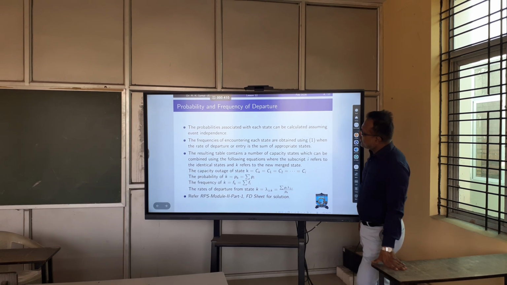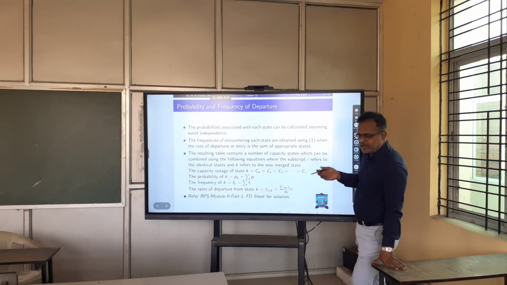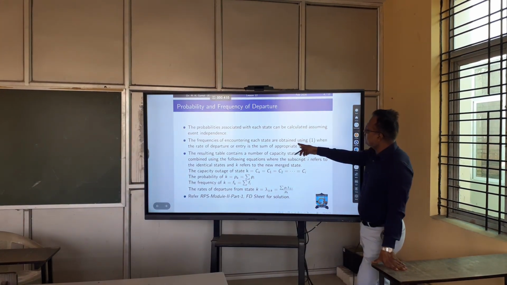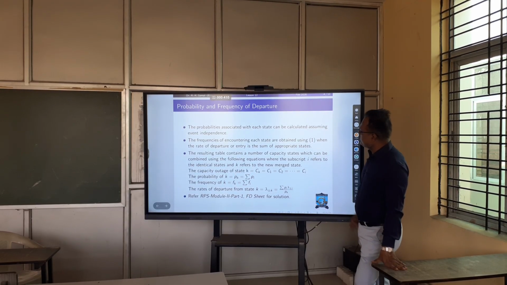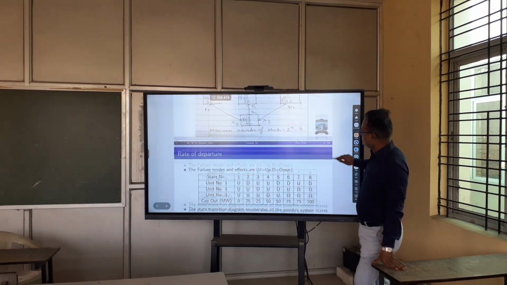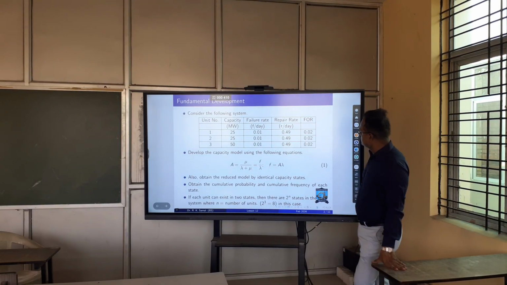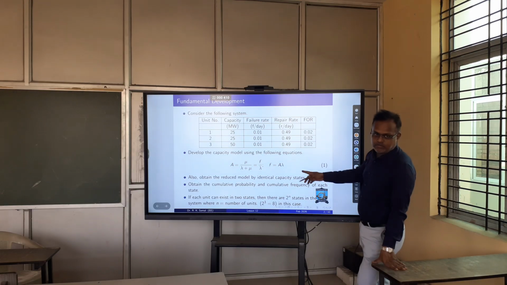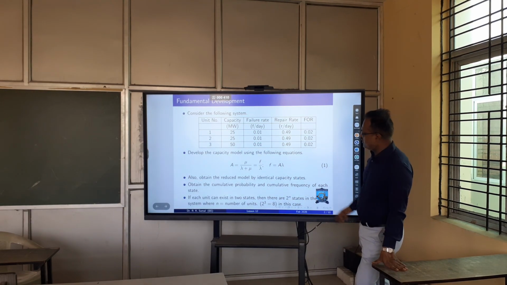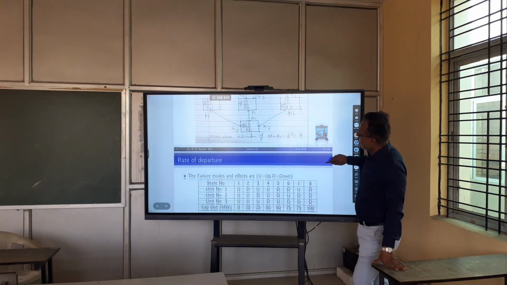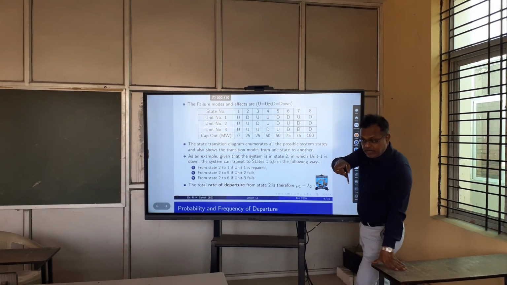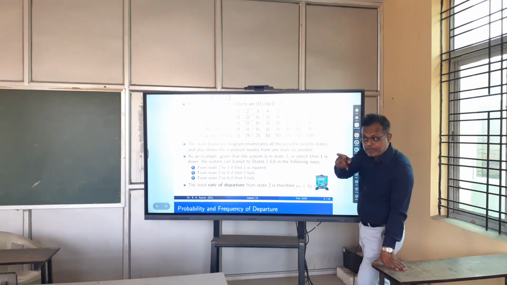The probability associated with each state can be calculated as the event dependence, that is 0.98 into 0.98 into 0.98, that we saw. The frequency of encounter is A into lambda, where A here is probability: probability into departure rate. That is the formula that you have written: departure rate into probability equals state frequency.